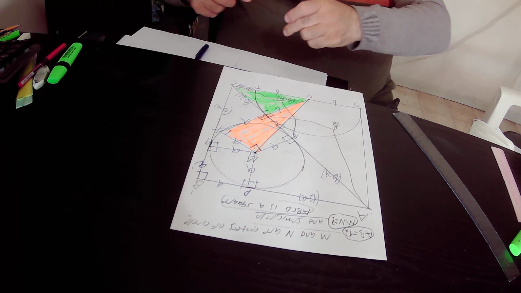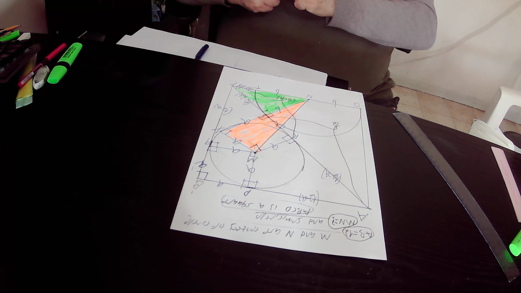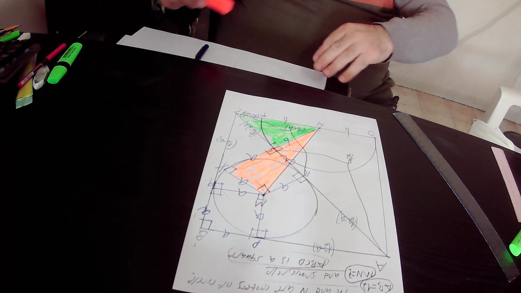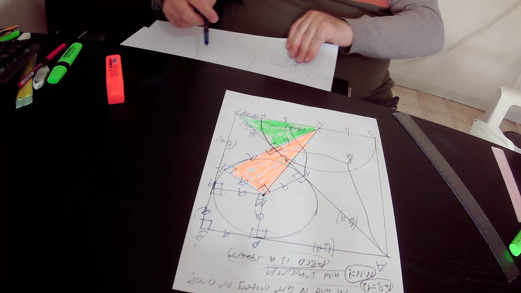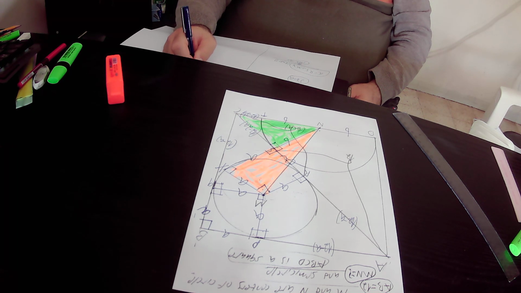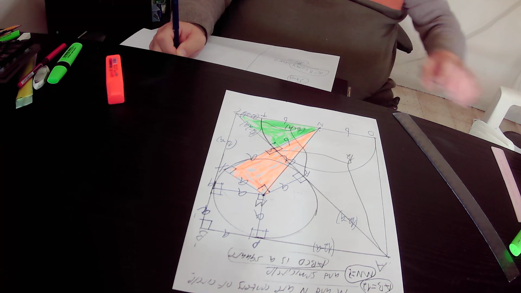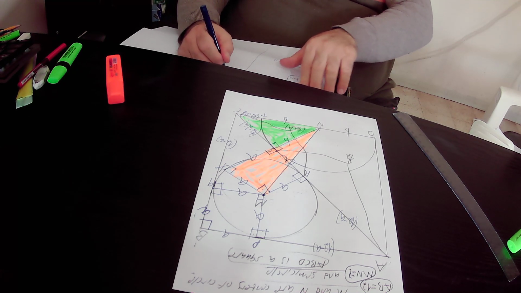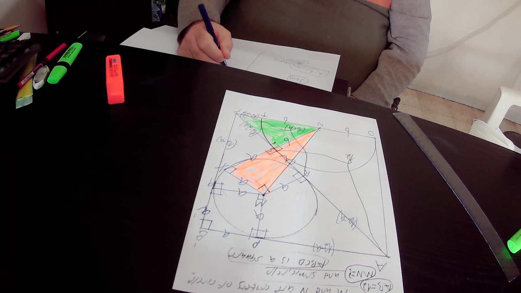According to the Pythagoras theorem, in the orange right triangle MXN, the square of the hypotenuse equals the sum of the squares of the perpendiculars.